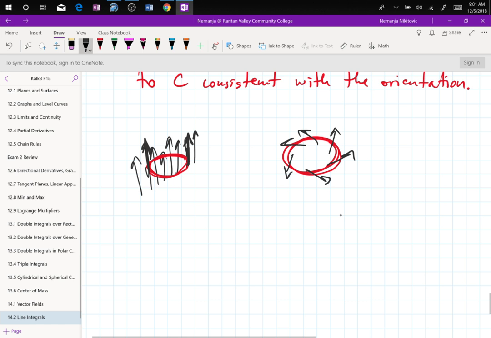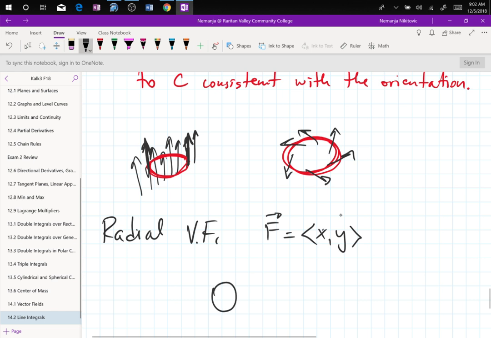One of two basic vector fields would be the radial vector field and the rotational vector field. The radial vector field is given to us as just simply x and y. This is the one that the kids draw as a sun.